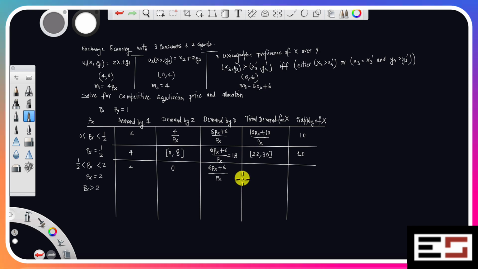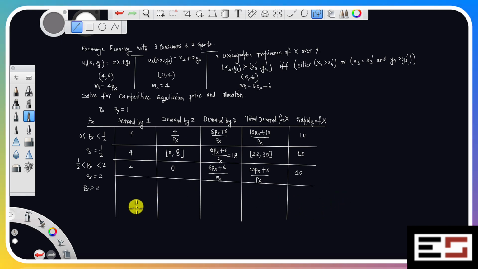Notice that the total demand in this case will be 10px, because px 4px plus 6px is going to be 10px plus 6 by px. And notice that this is 10 plus 6 by px, which is clearly greater than 10. So still there is excess demand for X. So this case is also ruled out.